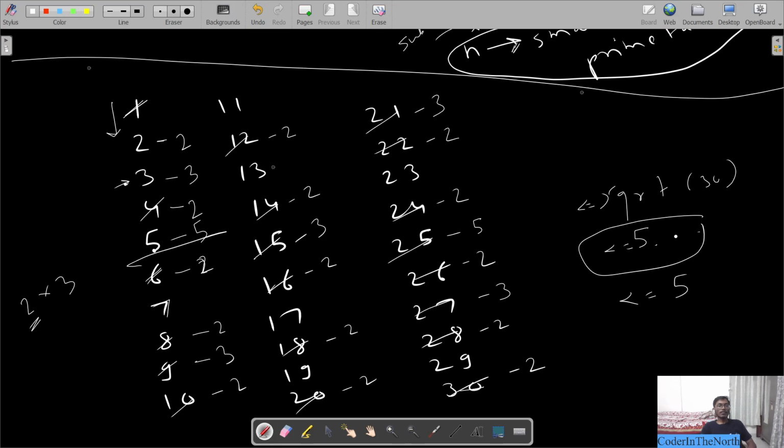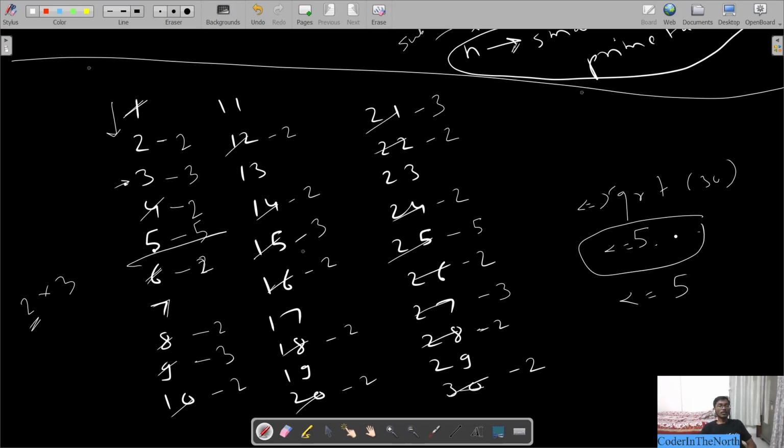Does 7 have any? No. There's 14, 21, 28, but those are already deleted. For 11, same: 22 deleted, 33 doesn't exist in this range. 13, 17, 19, 23, all the same.